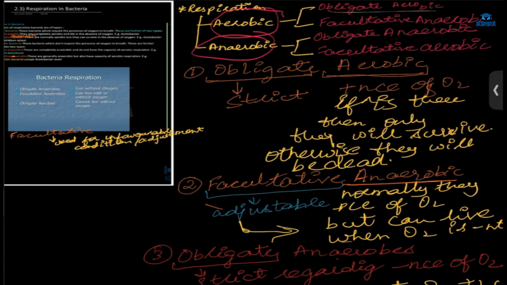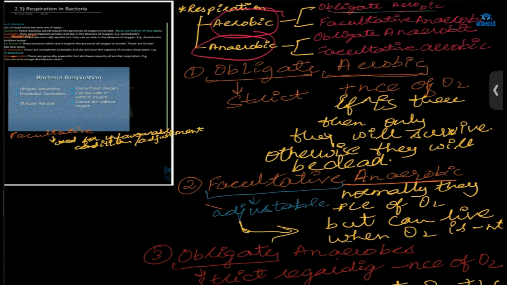Obligate meaning strict. Aerobic, we know. What type of respiration is aerobic? With oxygen. So respiration in the presence of oxygen is aerobic respiration.